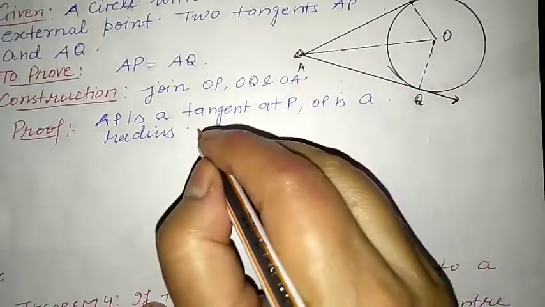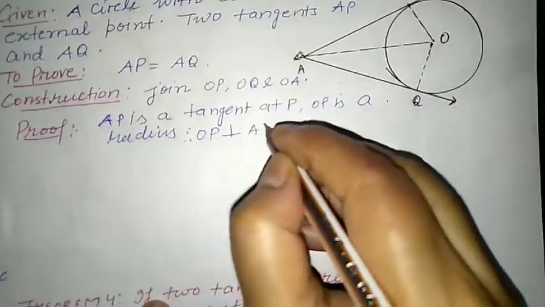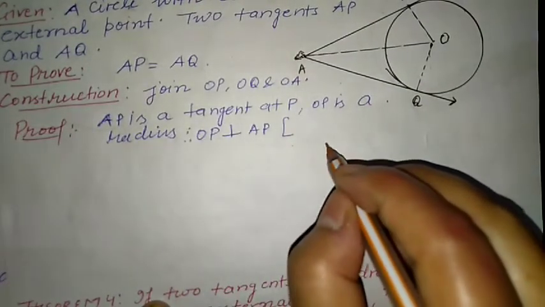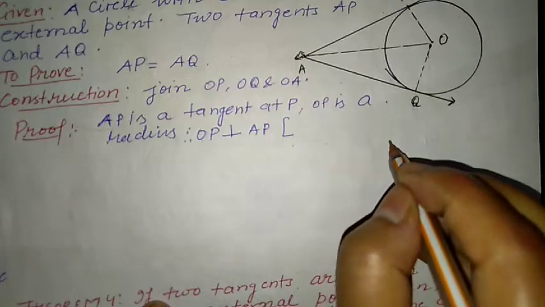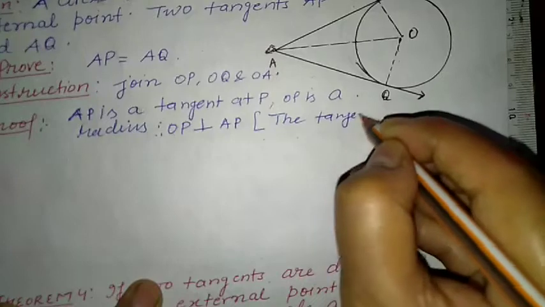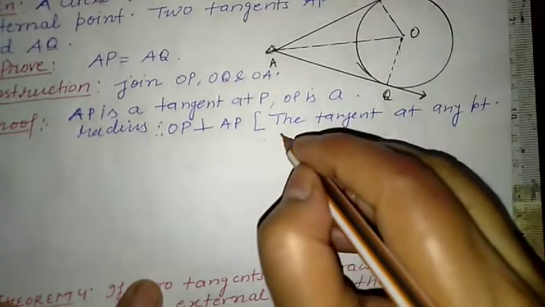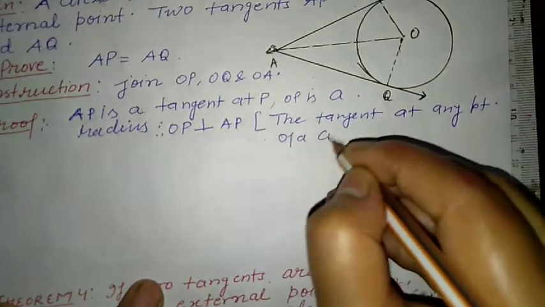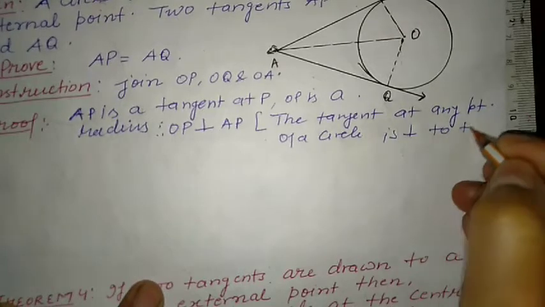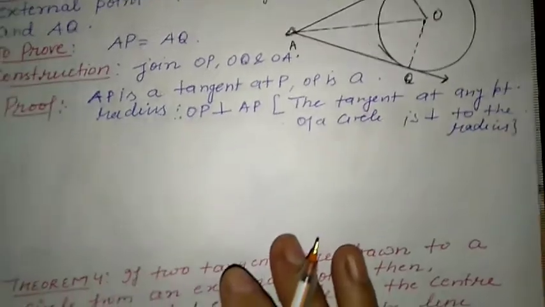So it means that OP is perpendicular to AP. By the first theorem, we will write here the tangent at any point of a circle is perpendicular to the radius at the point of contact.